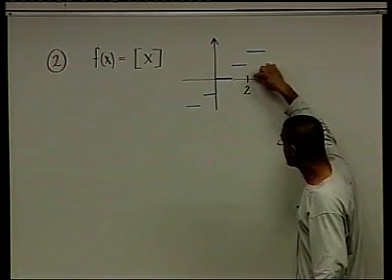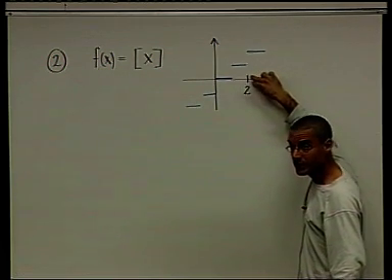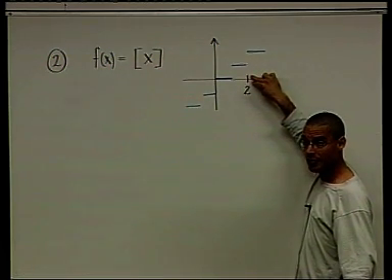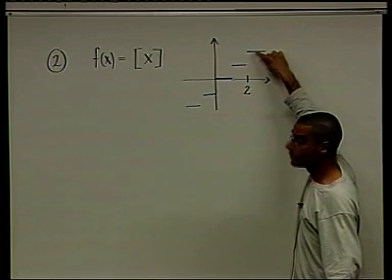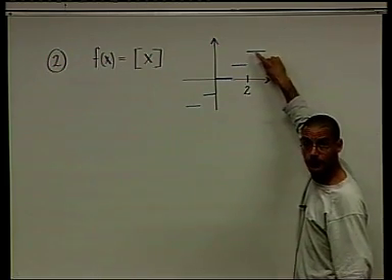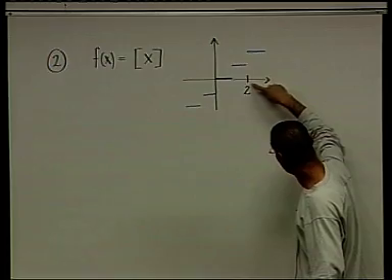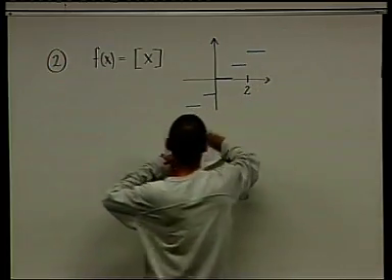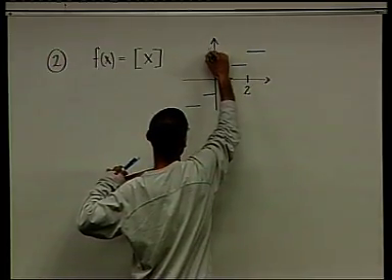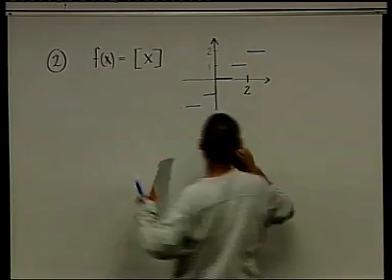If we take an x that's close to 2 from the right, what's the value of f? It's 3. No, it's 2, right? If we're close from the right, this is 2. This is 2, and this is 1, right?